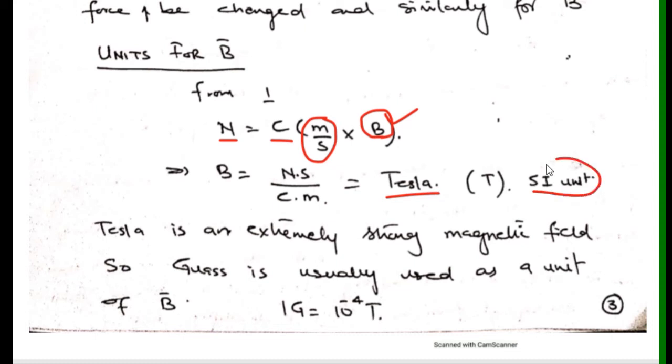Tesla is the SI unit for magnetic field, but Tesla is an extremely strong magnetic field. So in most cases we use Gauss, and 1 Gauss is equal to 10 raised to the power minus 4 Tesla, and the magnetic field of Earth is half a Gauss. So this is a little about the unit of magnetic field.